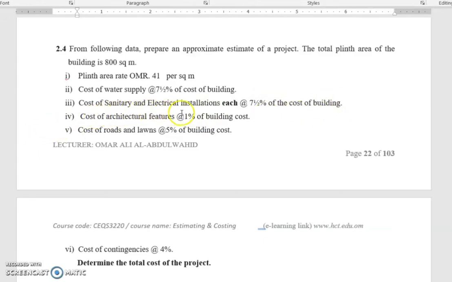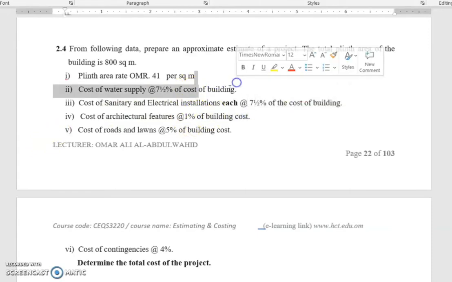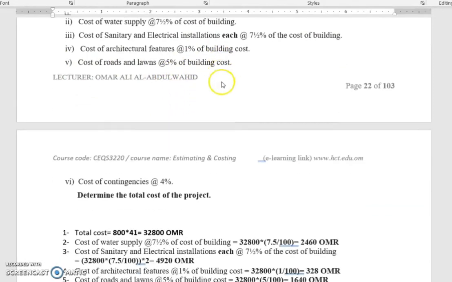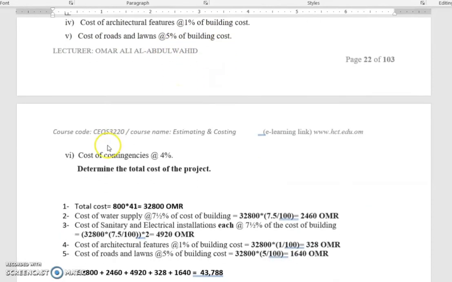Cost of the architectural features will be 1% of the cost of the building. Again, see here, every time we are saying cost of the building. Cost of the roads and lawns, 5% of the building cost, there is no difference. And cost of contingencies will be 4%. Determine the total cost of the project.